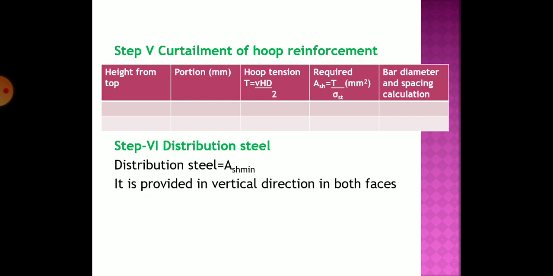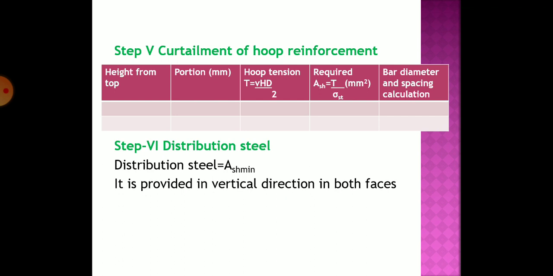Then step number 5, that is the curtailment of hoop reinforcement. Now you can see there is one table and 5 columns are given. The first column is height from top, then portion, hoop tension, required ASH, and bar diameter and spacing calculation.